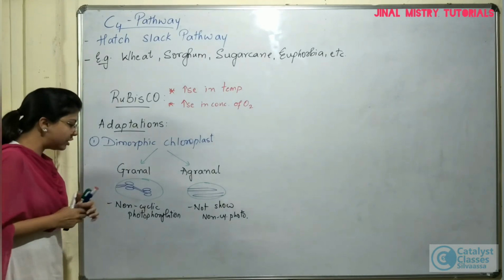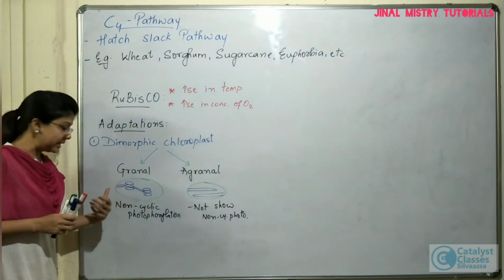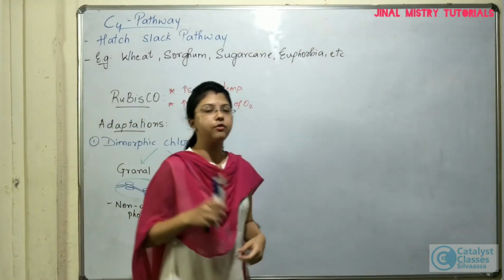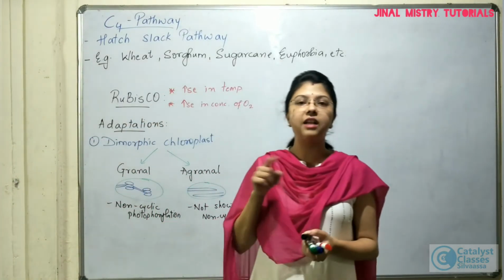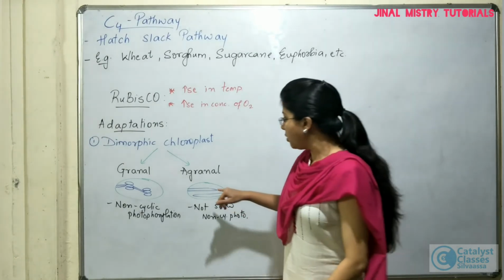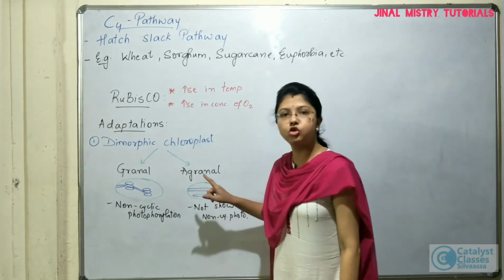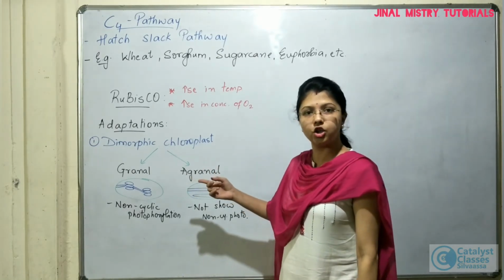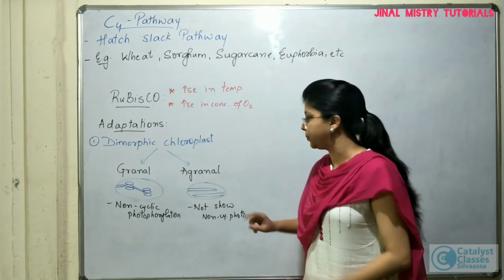We had studied earlier that non-cyclic photophosphorylation takes place in the granum membrane, where both PS1 and PS2 are situated. Whereas the agranule chloroplast does not follow non-cyclic photophosphorylation because it has only one photosystem.